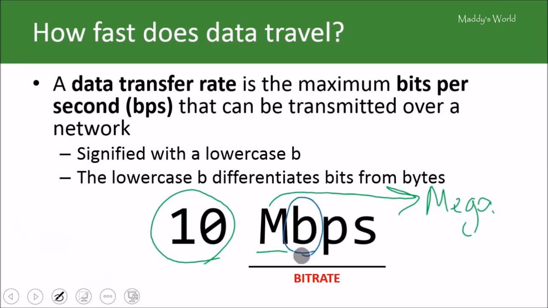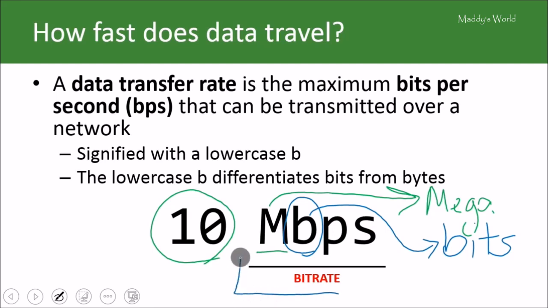This lowercase b is a little different from the type of data that we store. It represents bits, not to be confused with a capital B, which would represent bytes. This whole construct is called the bit rate, and we use that to measure how fast data transfers over a network.